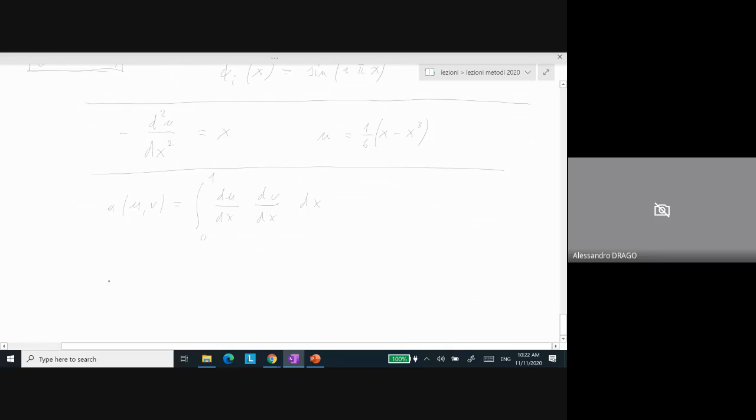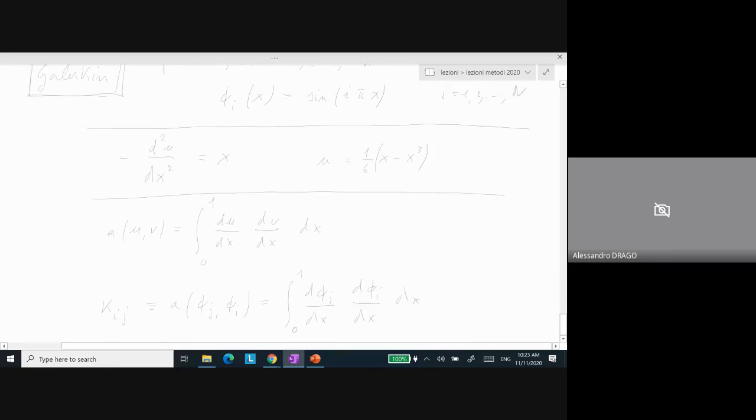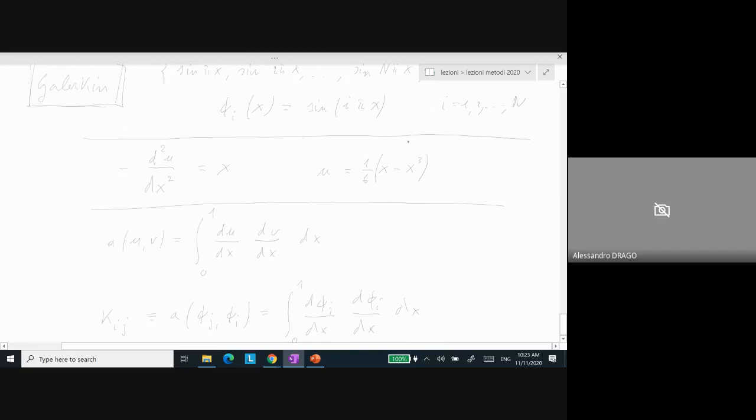Let's call these matrix elements K_ij, and they are defined as A(φ_j, φ_i). This is equal to the integral between 0 and 1 of dφ_j/dx times dφ_i/dx dx, where the φ are just the sine functions.